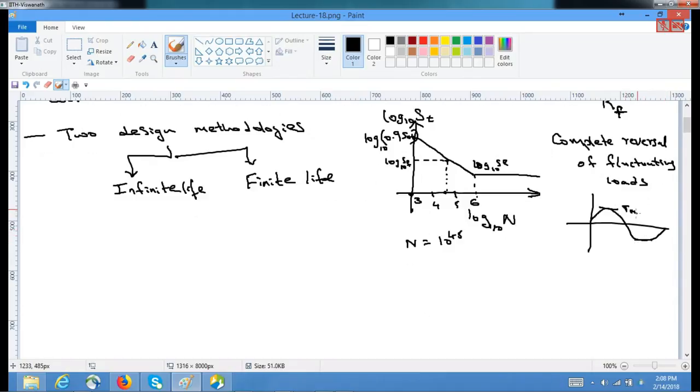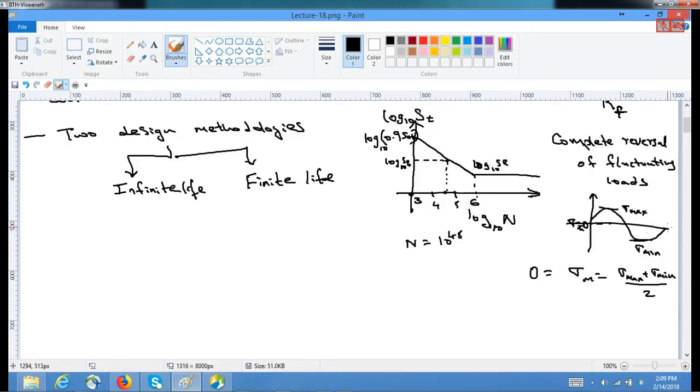This is sigma max, this is sigma min, they both are the same, such that sigma mean is equal to sigma max plus sigma min divided by 2, which is equal to 0. So this is the value.